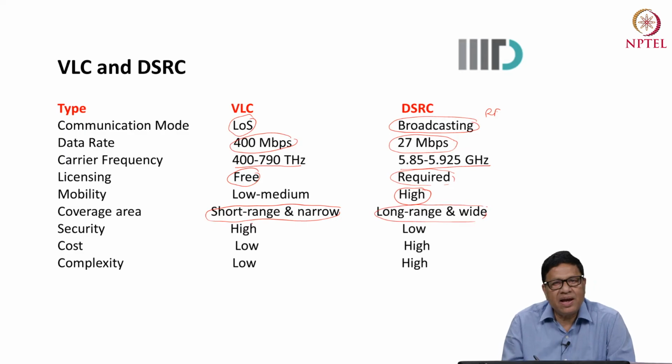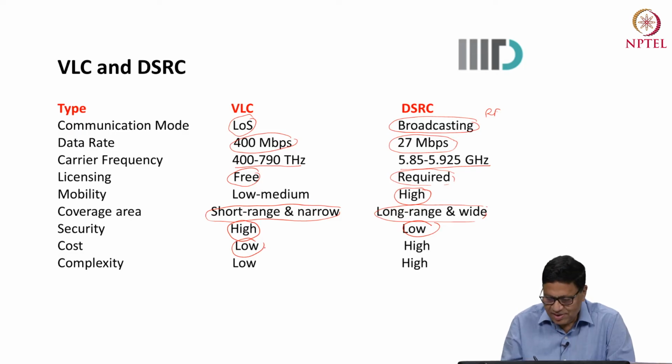Security, this being a line of sight, is comparatively higher as compared to RF, because if the LOS is blocked, you don't get any signal and you can get some alarm. So security is high in VLC, it is low here. The cost is low in the sense the LEDs are already inbuilt into the car, so there is no new infrastructure to be installed.